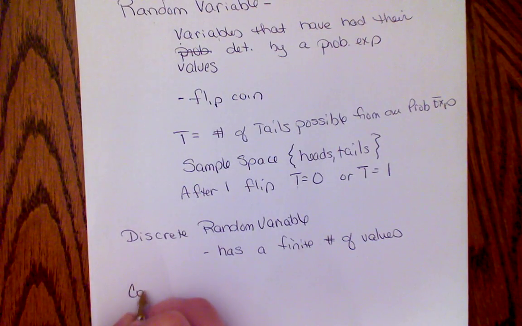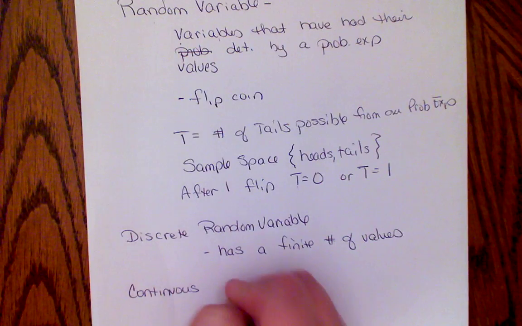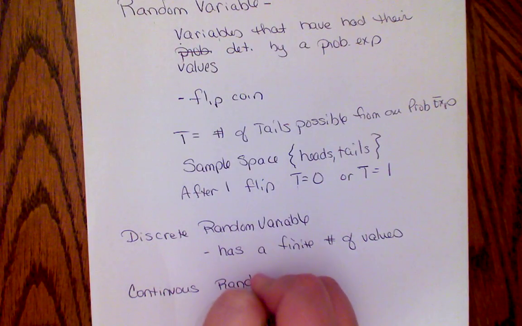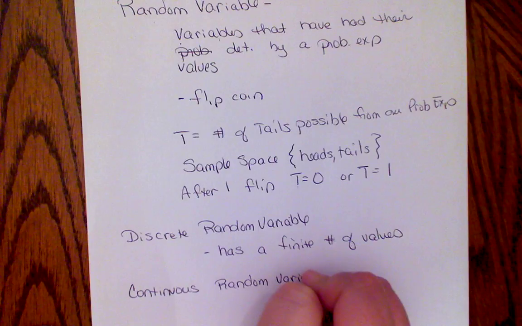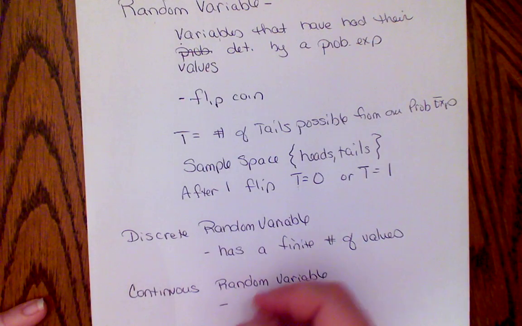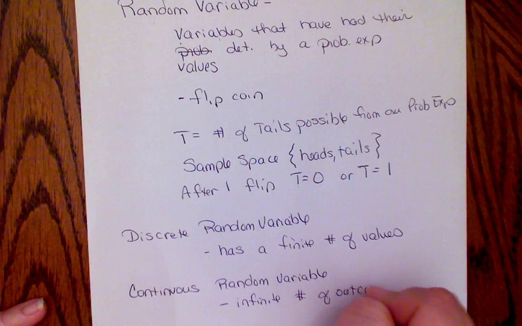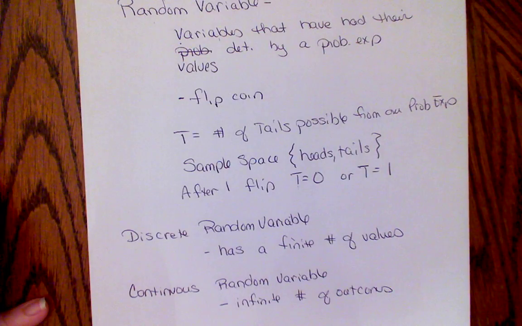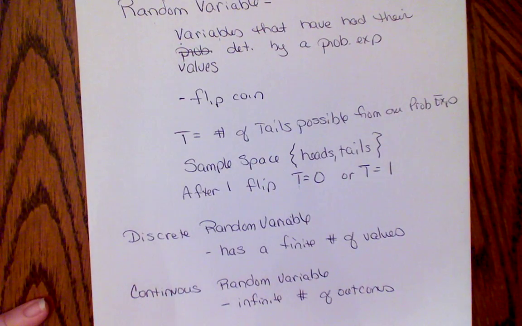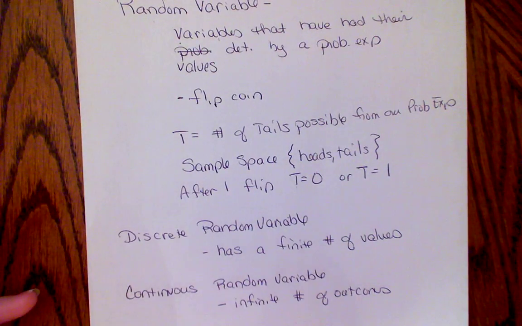On the other hand, we have a continuous random variable. Continuous kind of means it keeps going on forever. It has an infinite number of outcomes. The example they gave on the slides was measuring the heights of people.